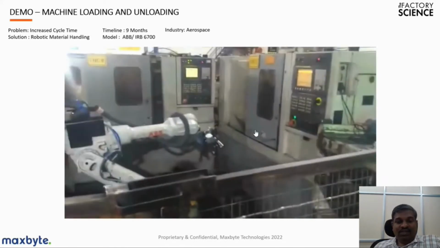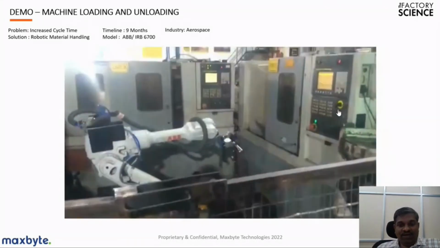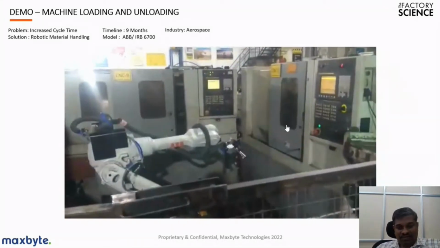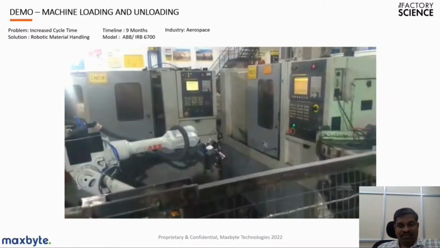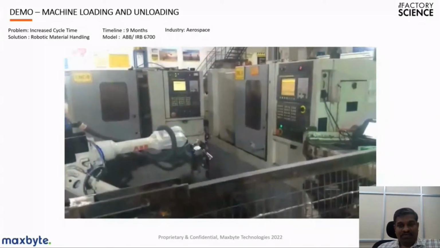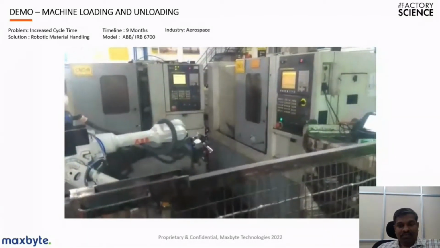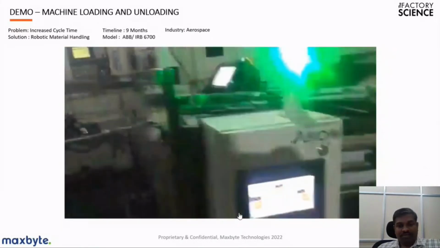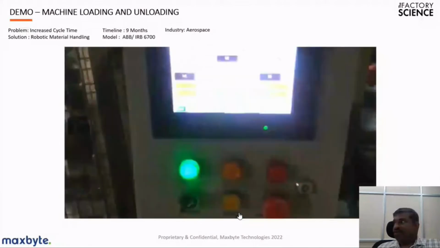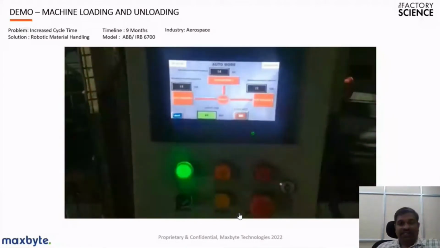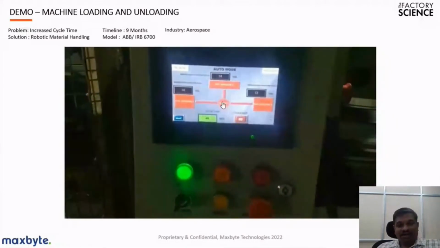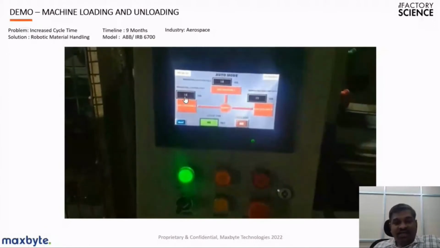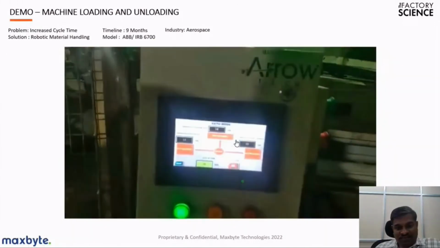The robot waits till the door is getting open or the component to finish. This is typically an HMI where the robot is placed in the center and is tending three machines.